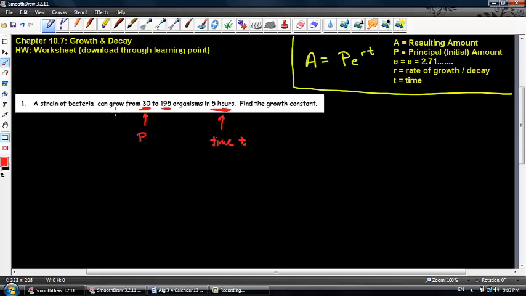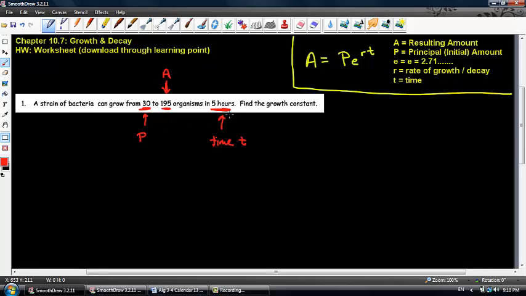If it said it will die from 195, then 195 would have been my initial. But because it's growing, 30 is the initial, and 195 is the final, or resulting, amount.